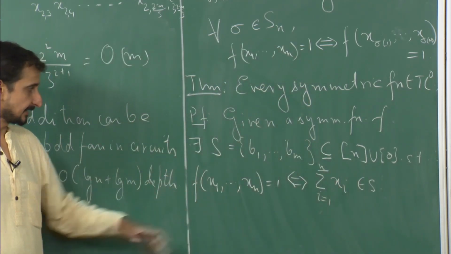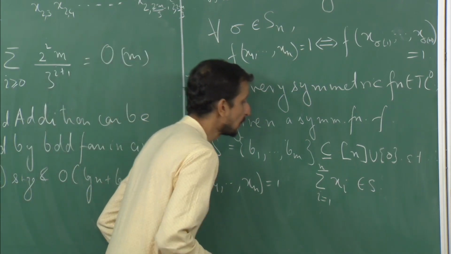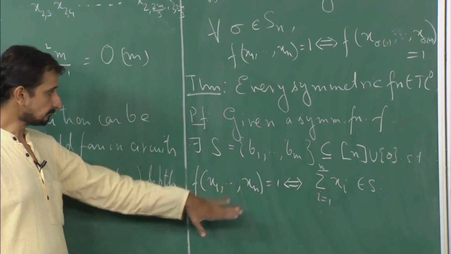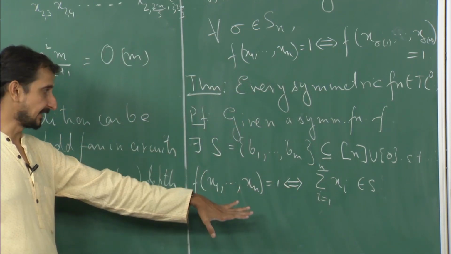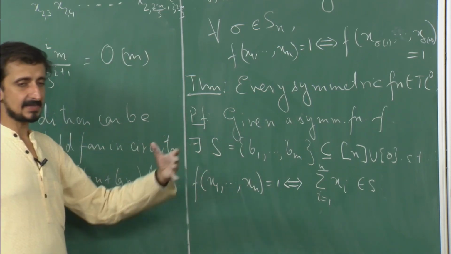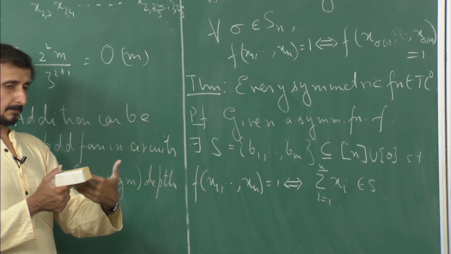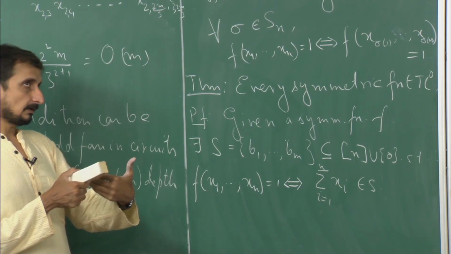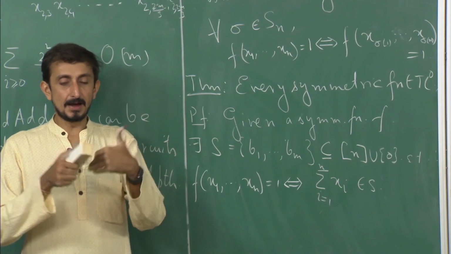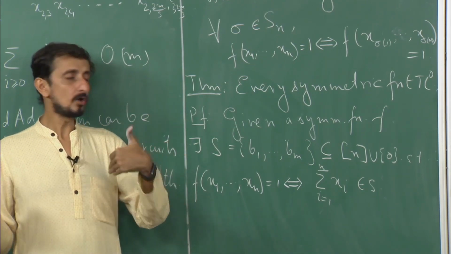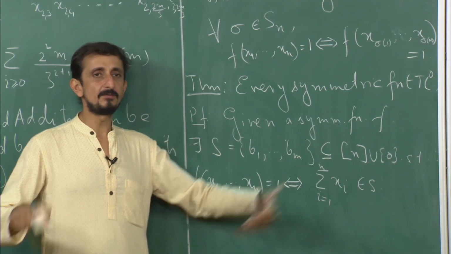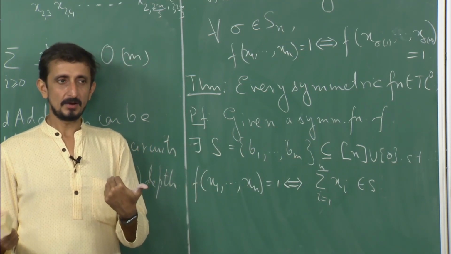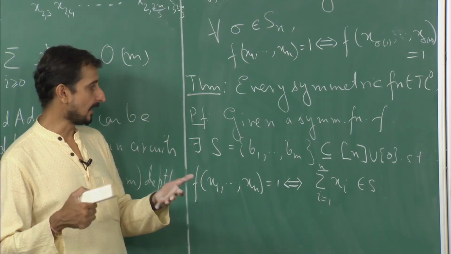So let us try to understand this equivalence. What is this saying? Think of S as the number of ones on which the function f evaluates to 1. f can evaluate to 1 on many inputs.